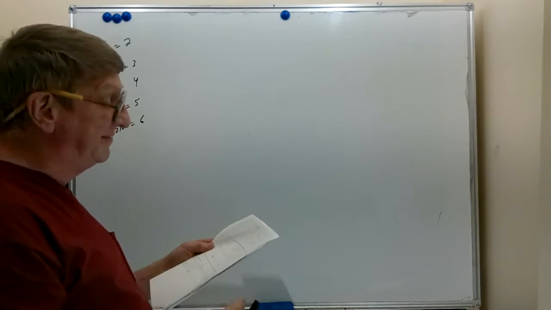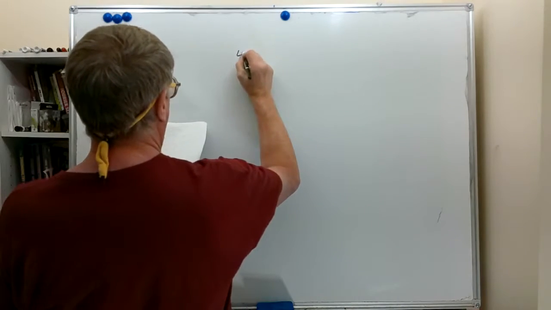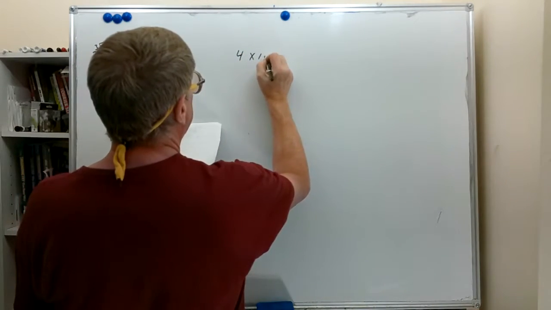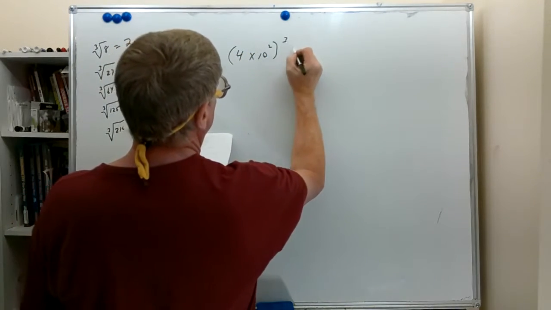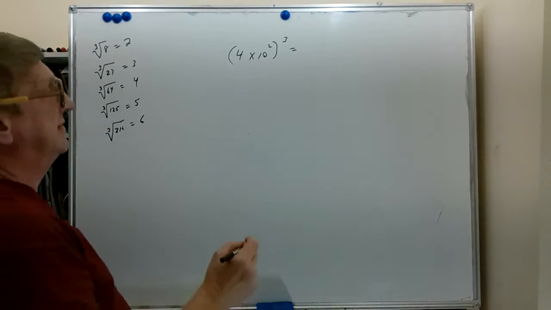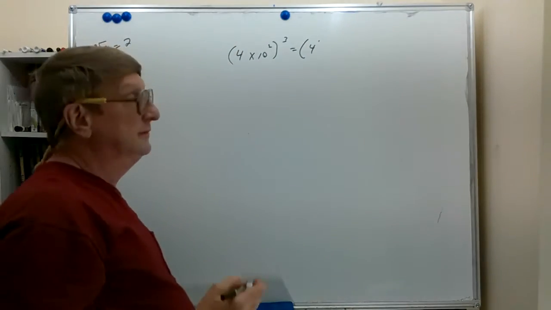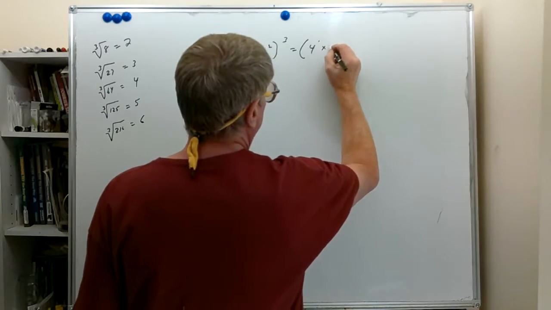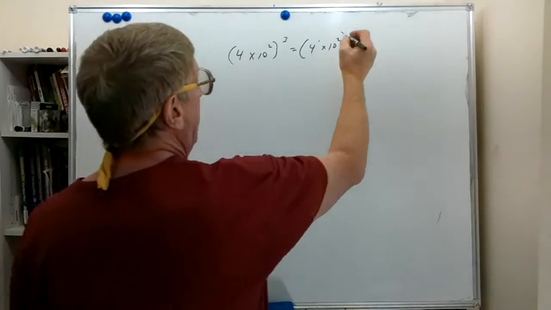Now we're going to work with positive powers of 10. Say that we have this 4 times 10 squared. We're going to raise that to the third power. So let's rewrite this, put in parentheses. 4 is 4 to the first, right? Times 10 squared. And the third power on the outside.